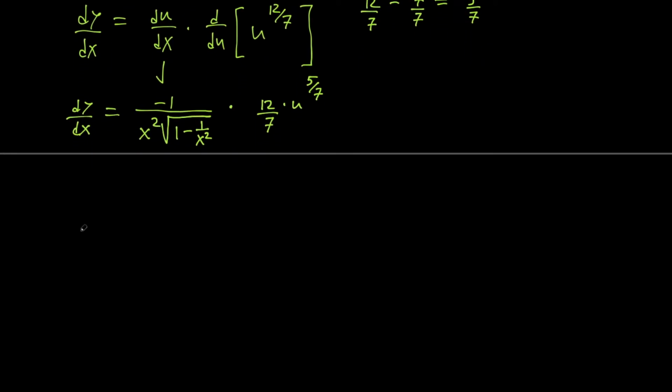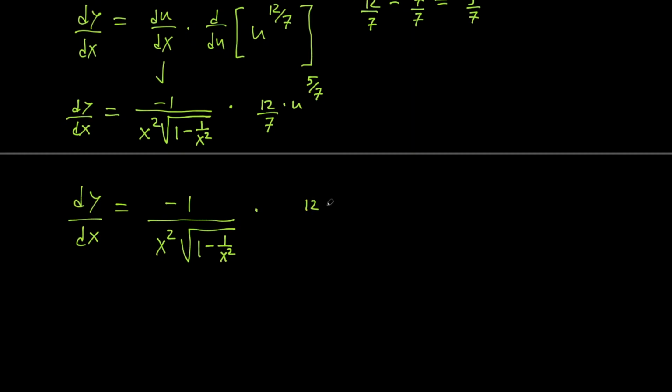So let's move to this next line and say dy/dx equals, let's keep these separate. Let's undo u before we start making these multiplications. So let's say -1 over x squared times the square root of 1 minus 1 over x squared times 12.